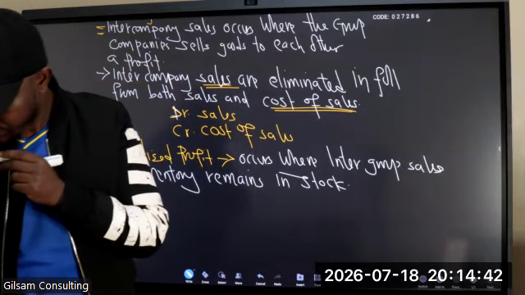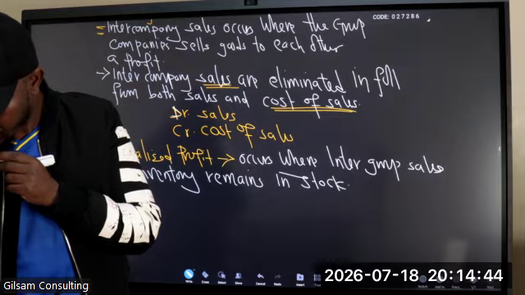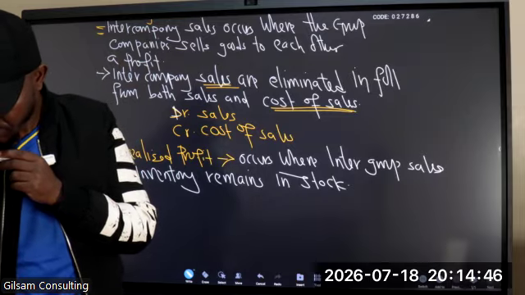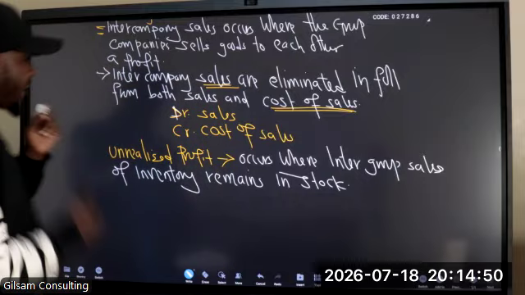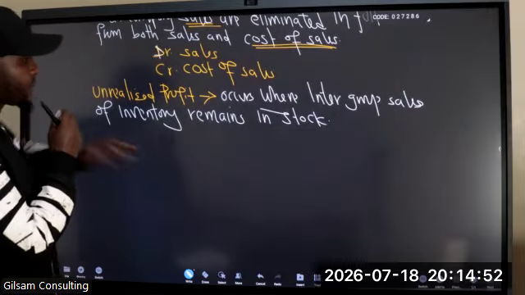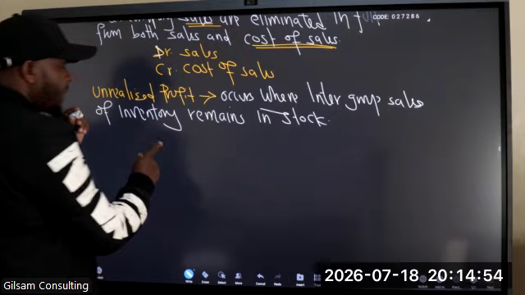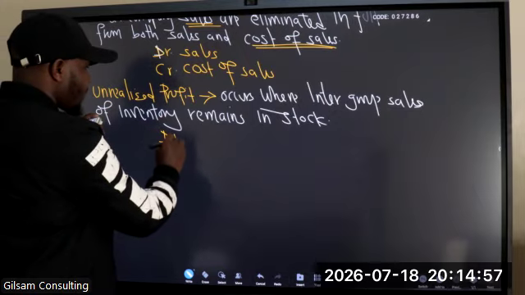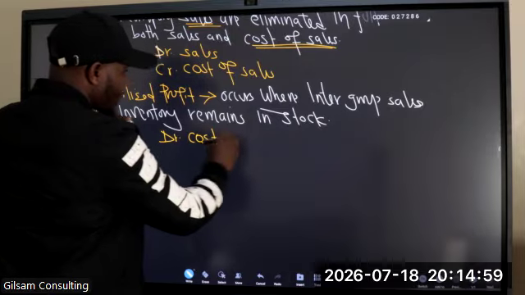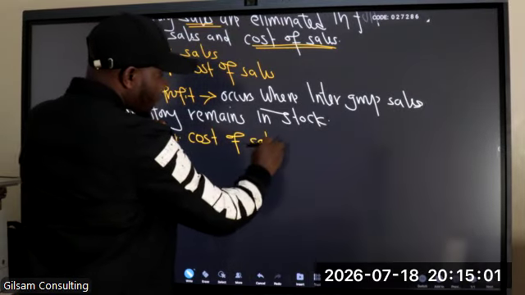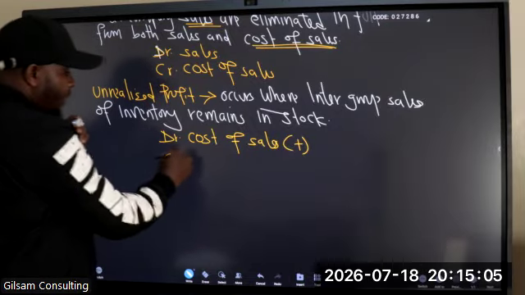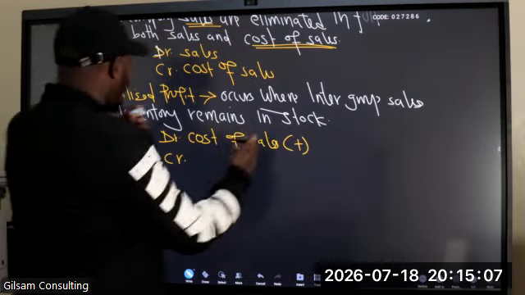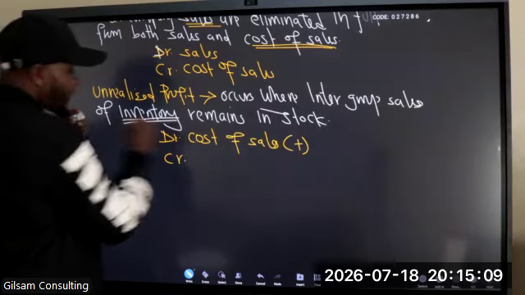Now let's see how to adjust it. Debit the cost of sales, that is, you add to the cost of sales, and then you credit the inventory because we are dealing with the inventory.